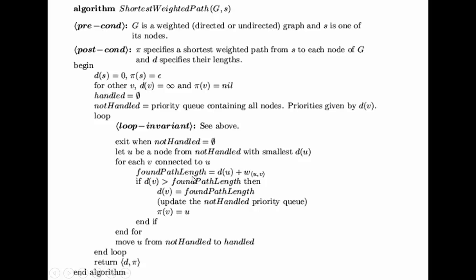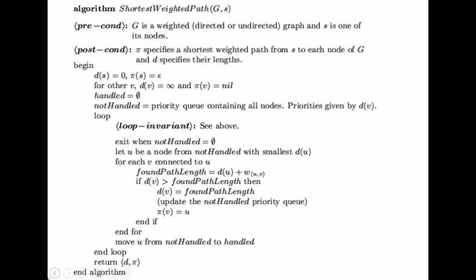The length of the newly found path is the length of the path from S to U plus the edge from U to v, right? So here we have this new path. Maybe we had a different path before that was to v, but now this is our new path, right?